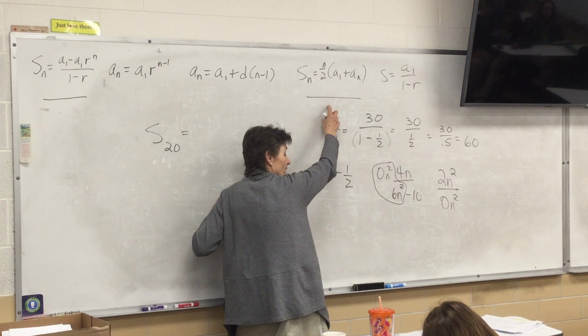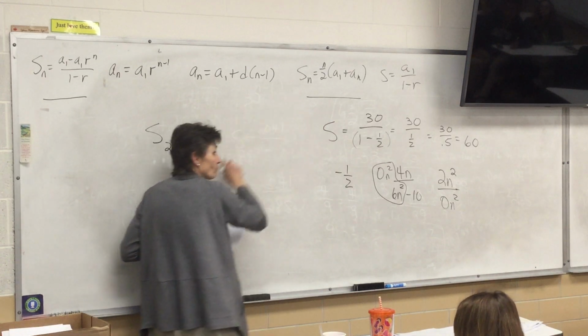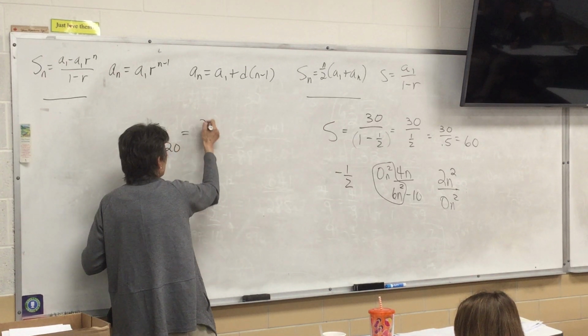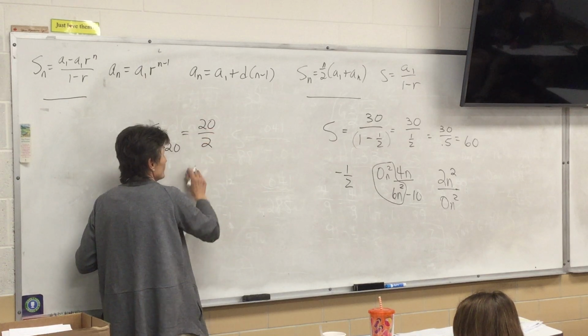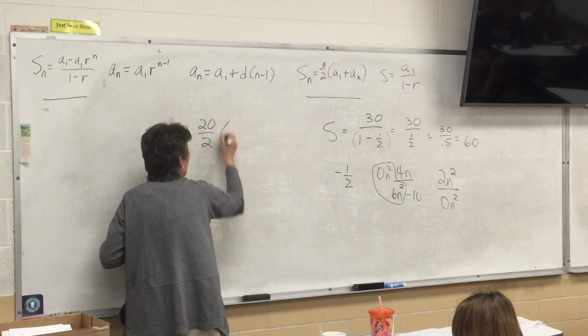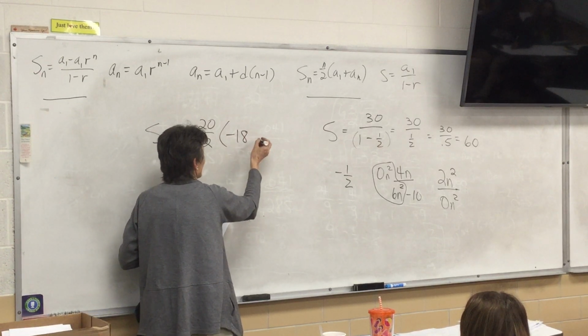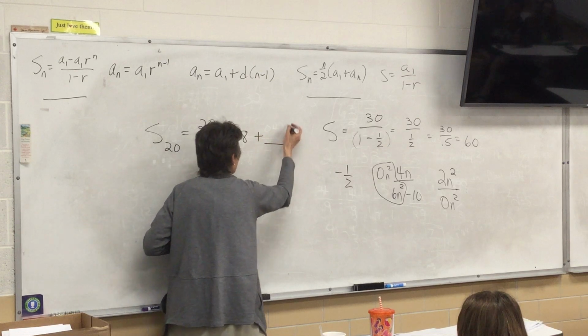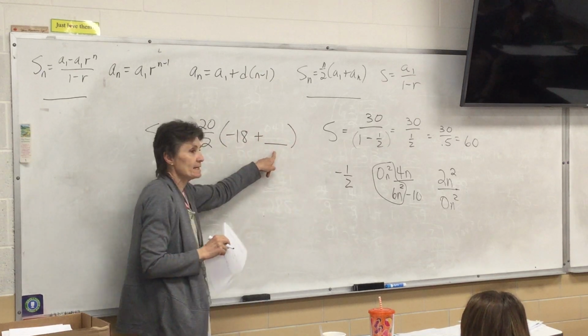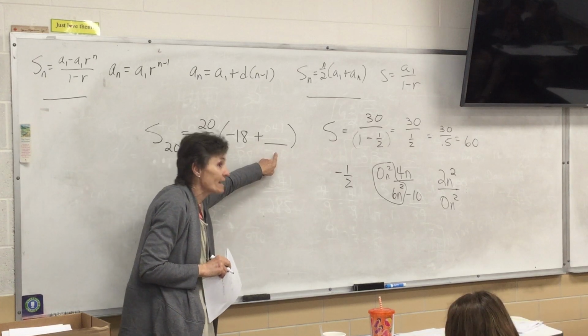So the sum of 20, according to the formula, will be 20 over 2, n, 20 over 2. What's my first term? Negative 18. Oh no! What do I need here? The final term, the last term.